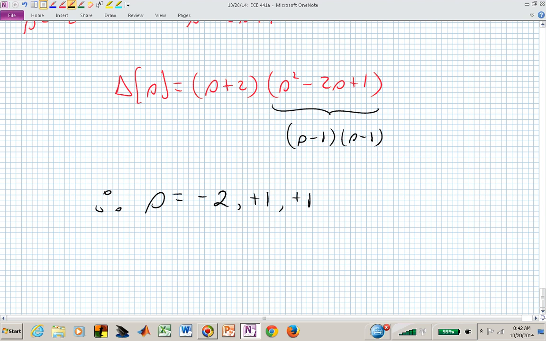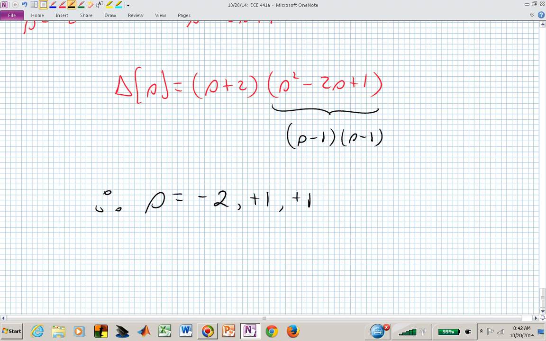Is that consistent with our conclusion? Yes, we had 2 roots in the right half plane. We check it on our calculator and we get minus 2 and plus 1 as roots. So you can work all sorts of problems because you have a way of checking your work. You can factor polynomials.